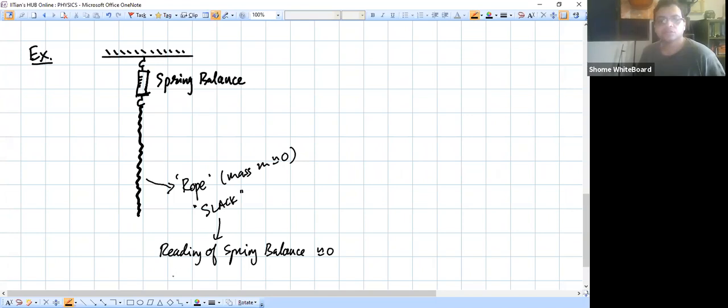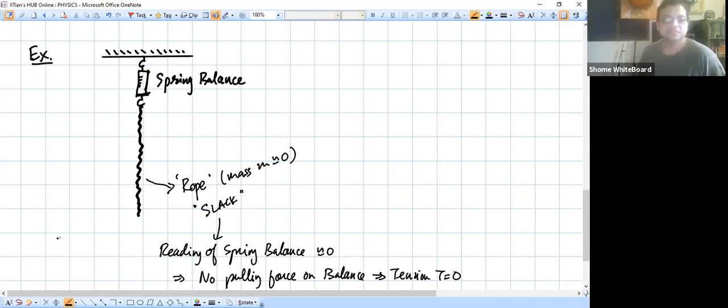Okay, so what this shows is that there is no pulling force on the balance. So that means tension is zero.